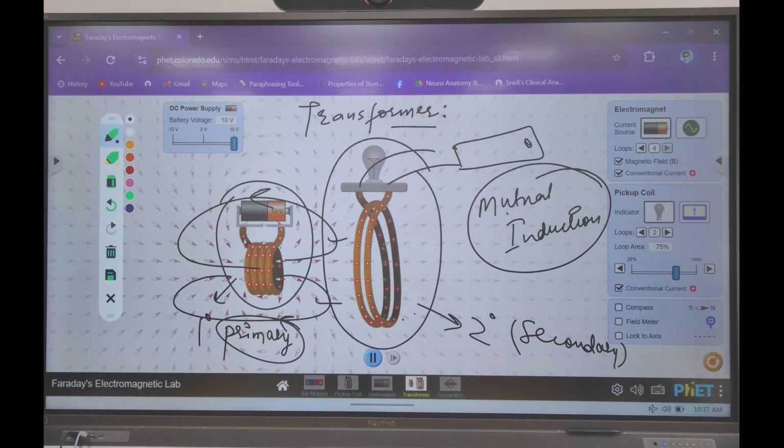Now see the simulation. Click a picture of this first. Click a picture, I'll show what is happening. See what is happening.